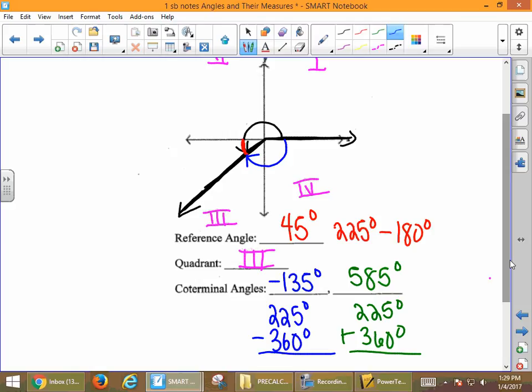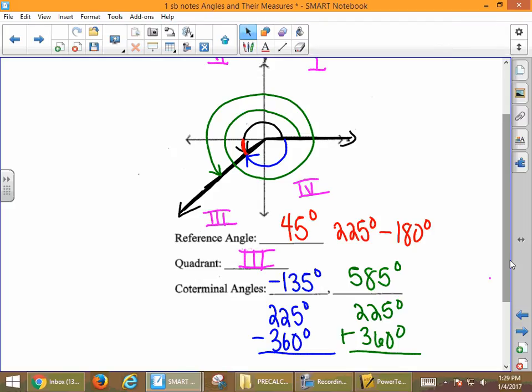If we're measuring in terms of the green here, we would go around and then we would go around again, but we would end up at the same terminal spot. That's what is in green. We went around more than one time around, more than 360 degrees.